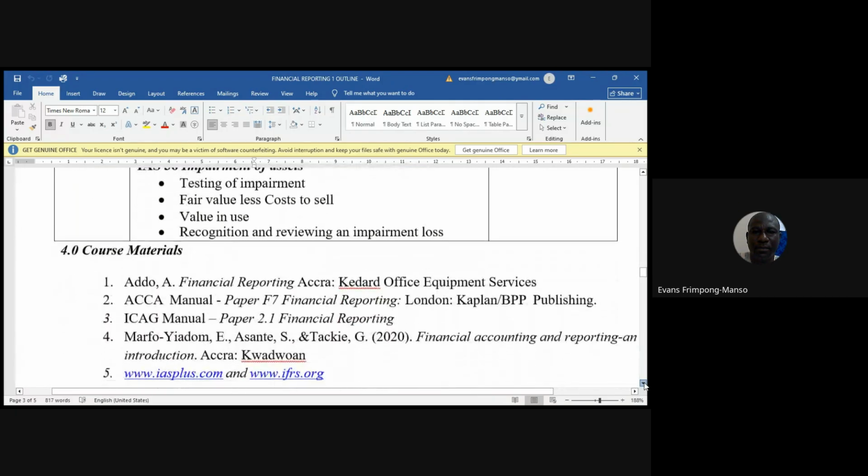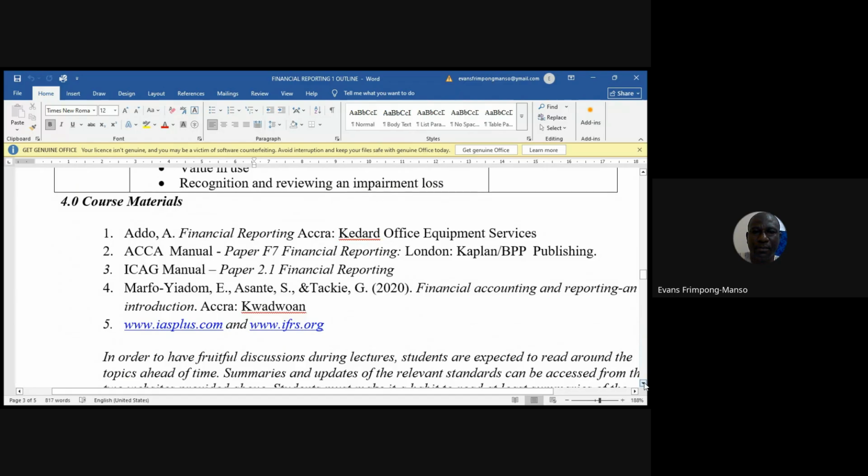We have also added some course materials that you can get access to for more information. Remind me, course representative, that I'll also send you the ICAG manual, the Institute of Chartered Accountants Ghana manual, so that you can read it. It will serve as your main text that you can make reference to.